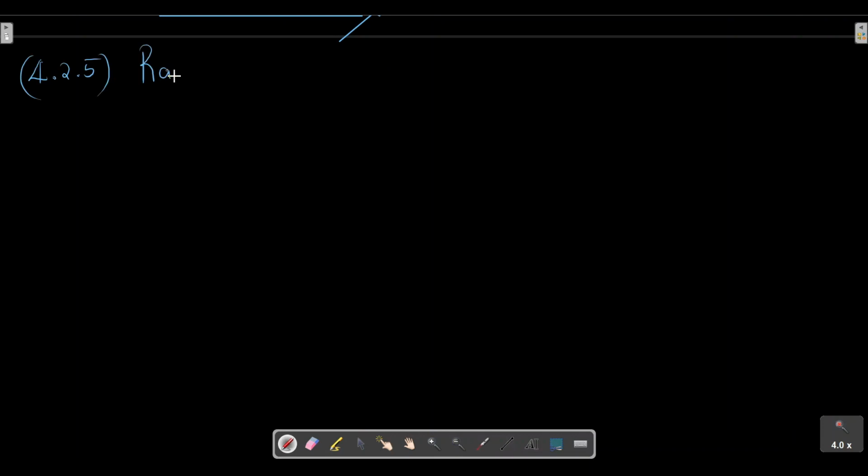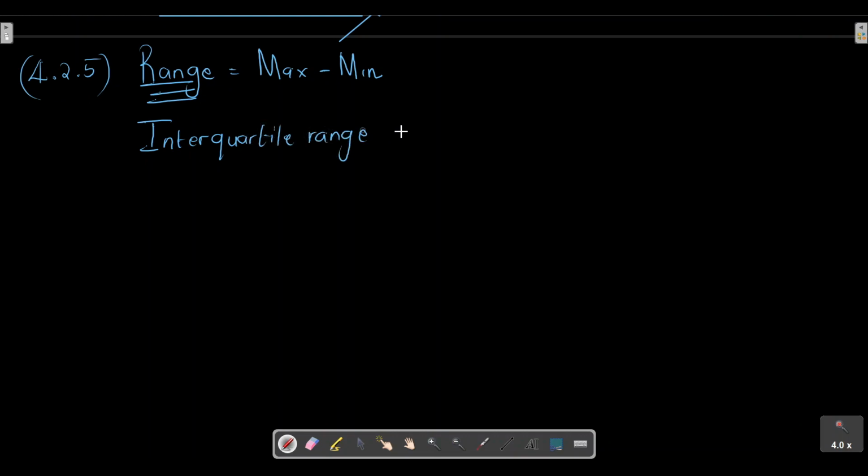However, in this case, we are not calculating range, but the interquartile range. So it is the maximum minus the minimum value for your quartiles.